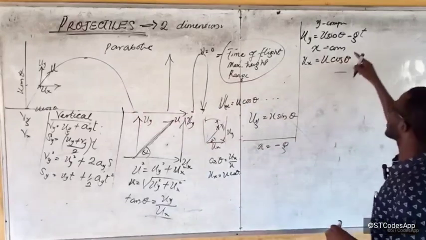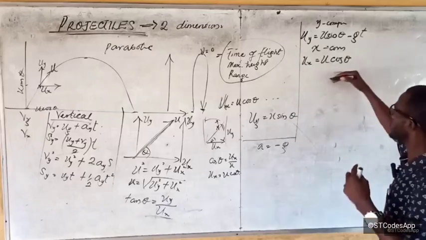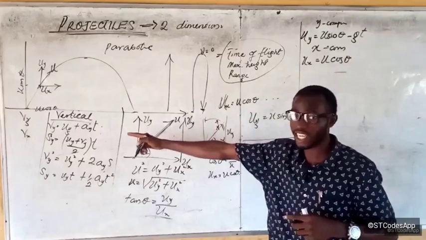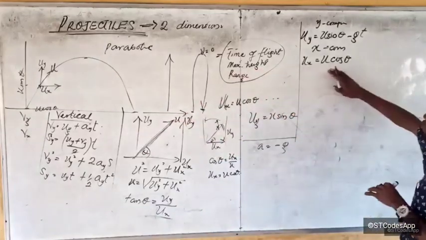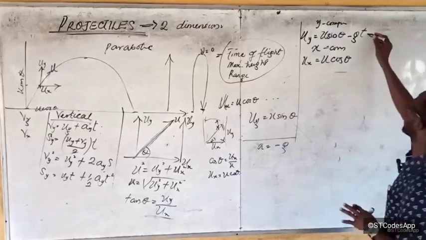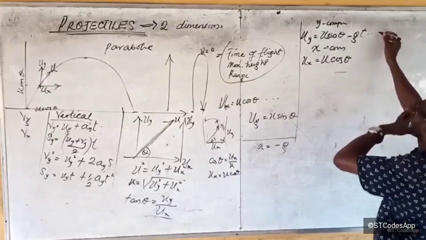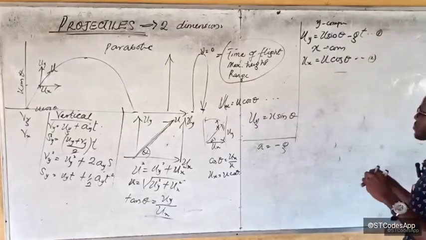Remember I said that on this plane, acceleration will be 0 on the x component, so that's why u_x is just u cos theta. Let this be our first equation, equation 1 for projectile, and this will be equation 2.